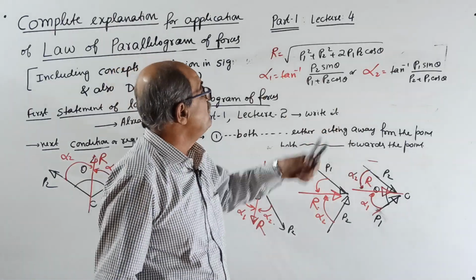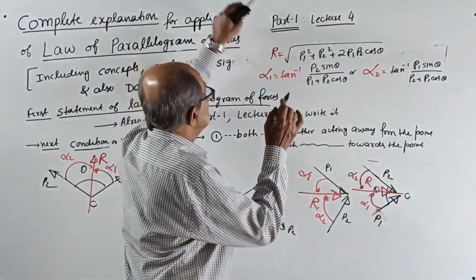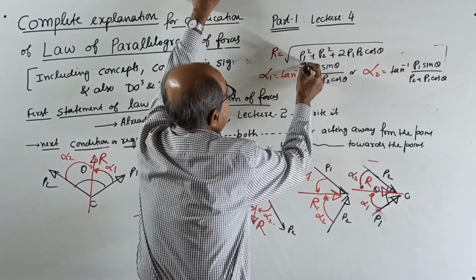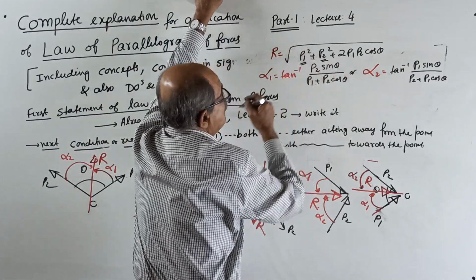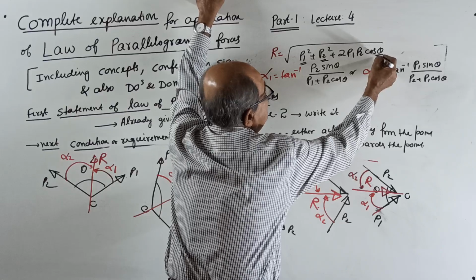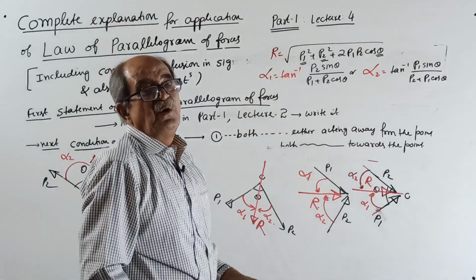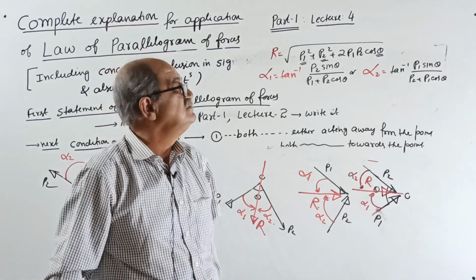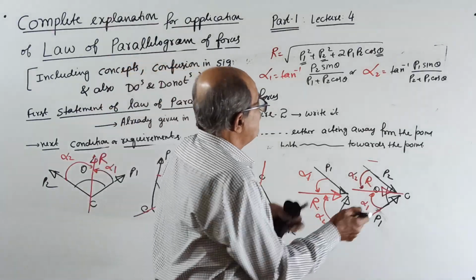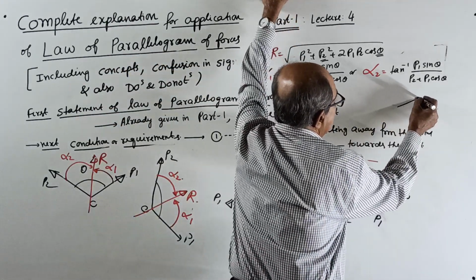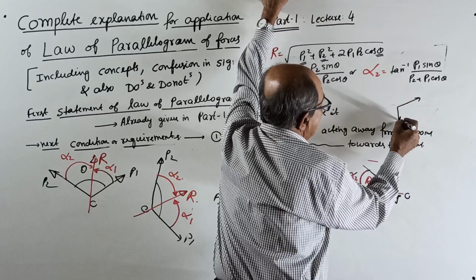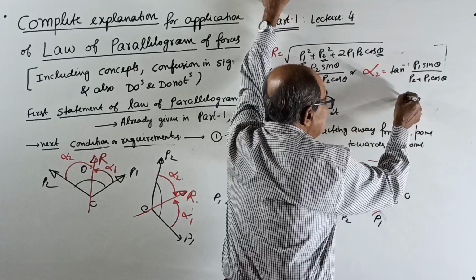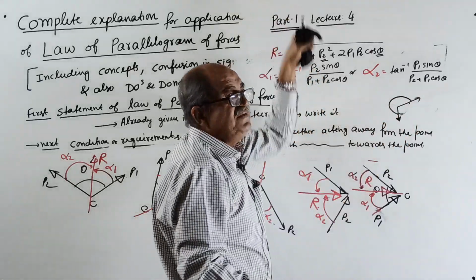Now, one important note. In R, P1 square and P2 square are positive. Usually you take theta within 180 degrees, because I will tell one more concept here. Suppose one force is here, other force is here. You take this as theta. But if you take the other side as theta, it becomes 360 minus theta.